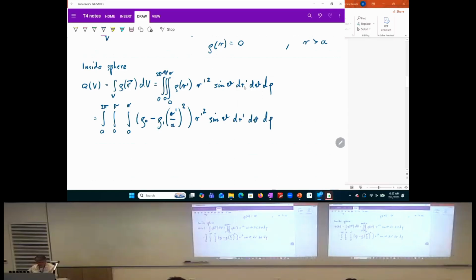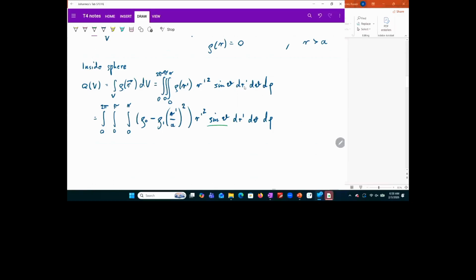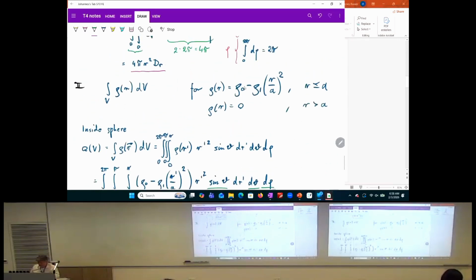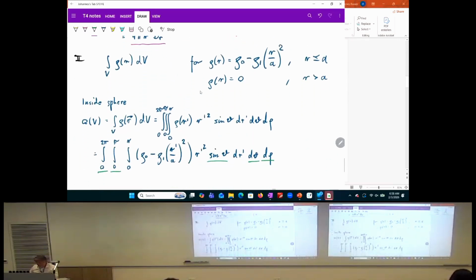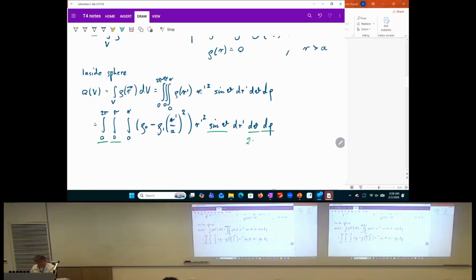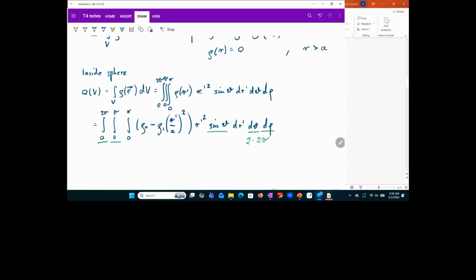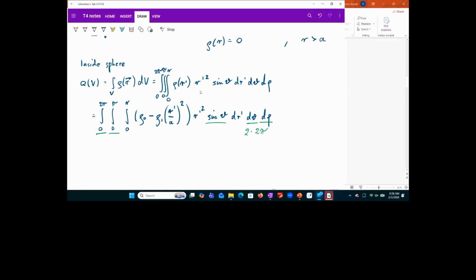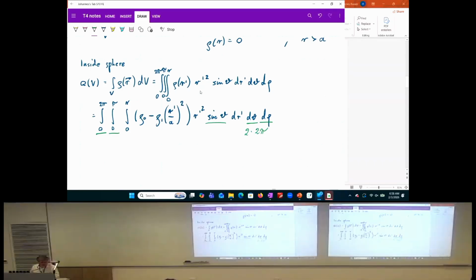So we had evaluated the integration over sine theta d theta from 0 to pi, and we also have evaluated this part in the step above. So again, this will yield 2 times 2 pi. That is a scenario right now where we are looking at where we are inside the sphere.